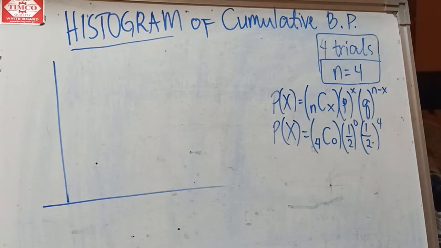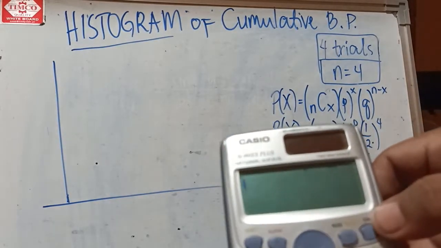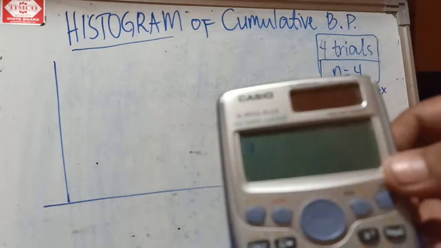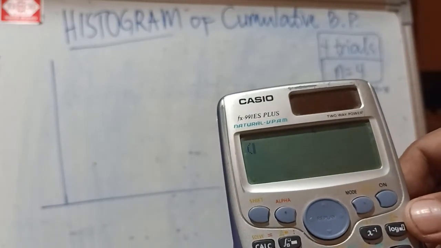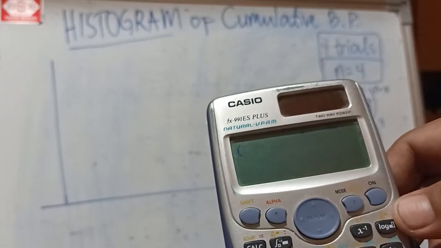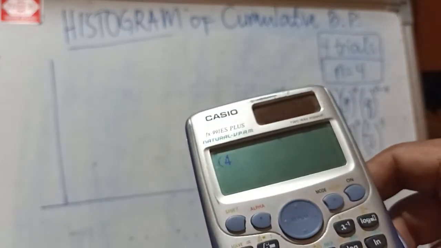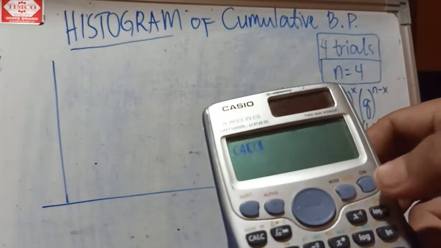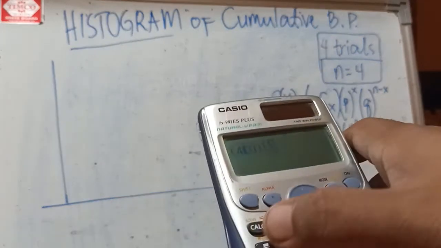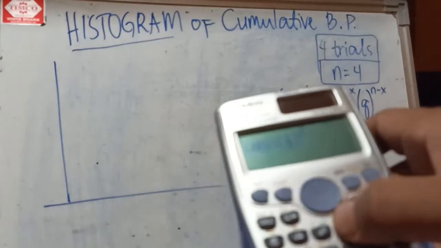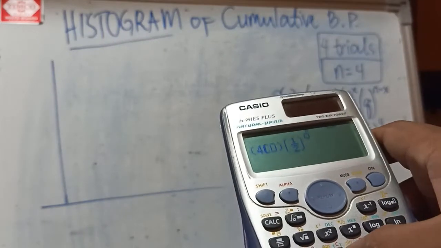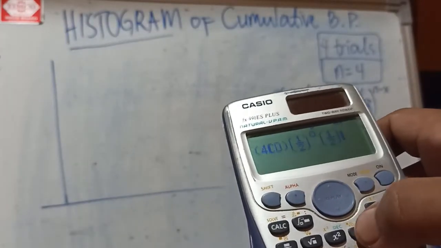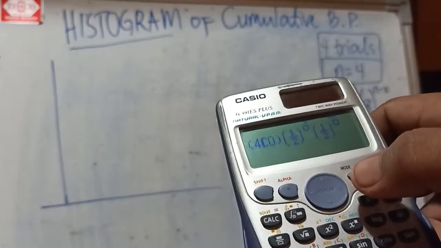To make our work easier, we use the calculator. Same as before: open parenthesis, then 4, shift, we get the C, combination, then 0. Then 1/2 raised to 0, then another 1/2 for the q, raised to 4 minus 0, which is 4.